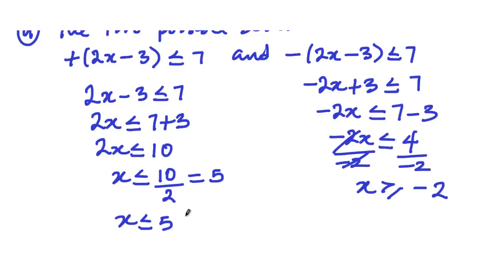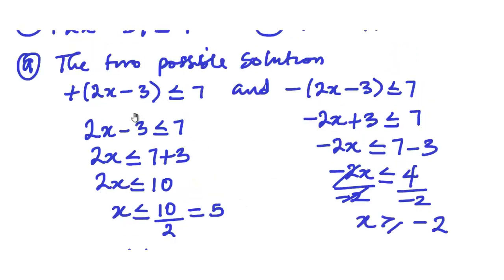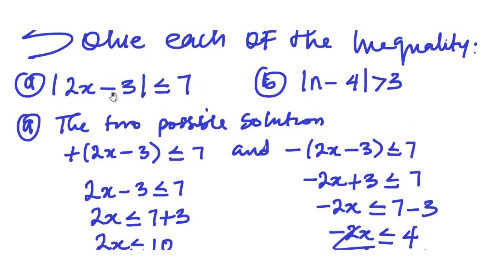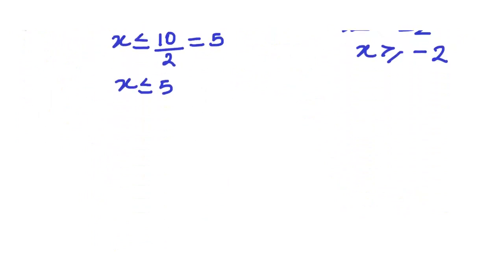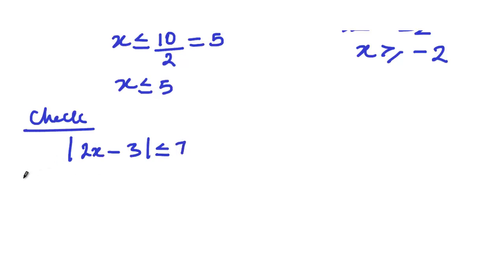So these are the two possible values of x that will make equation A true. So let's check. We have the absolute value of 2x minus 3 is less than or equal to 7. When x is equal to 5, we take it as equal to 5 in this case.